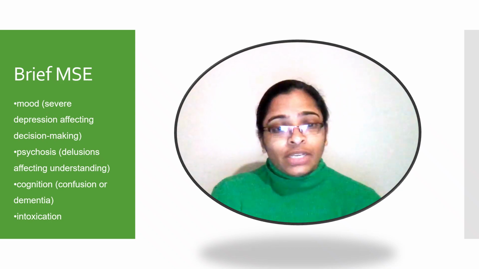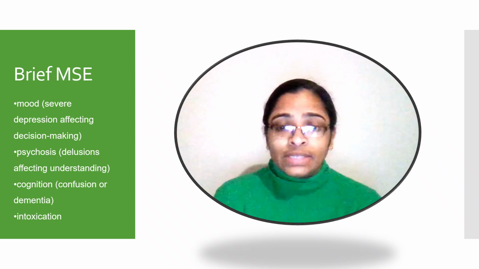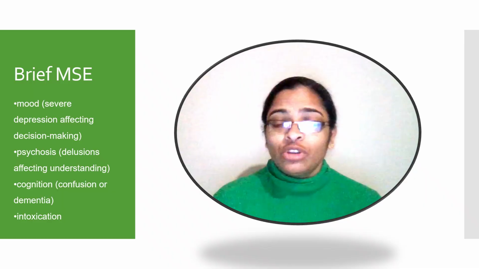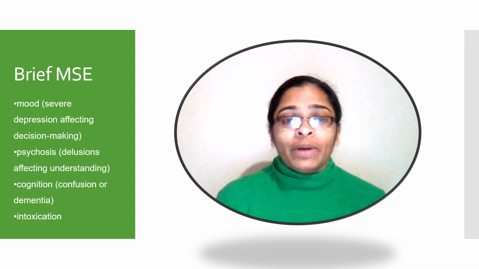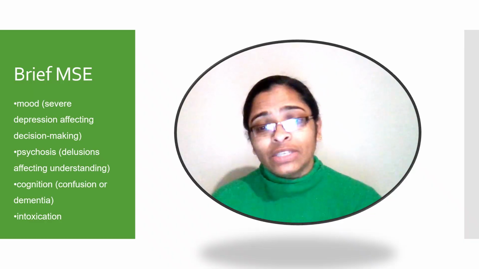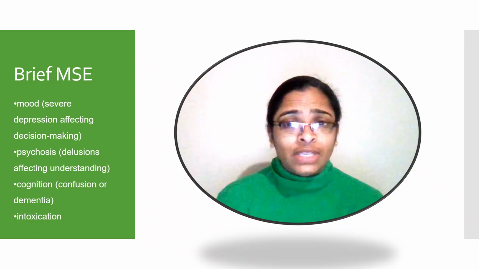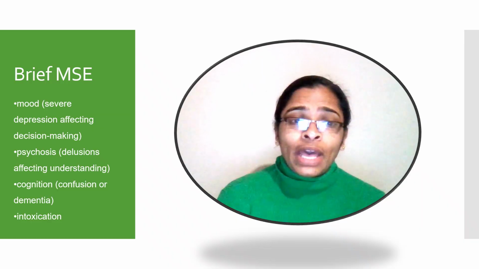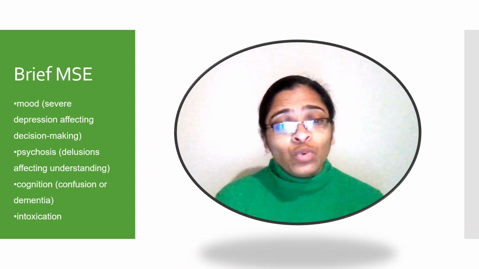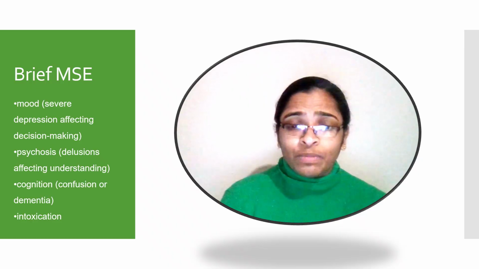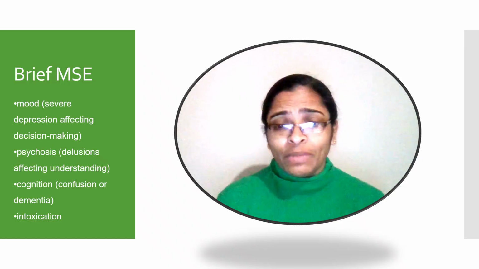Capacity assessment stations are usually started by doing a brief mental state examination of the patient. Remember, it is a brief mental state examination and you are not expected to do a full MSE for capacity assessment. You may have to ask about the mood of the patient, just to see if a severe depression is affecting the decision-making process.